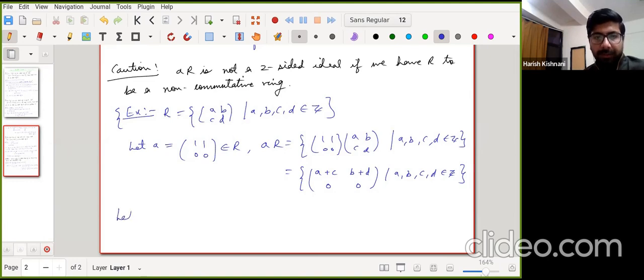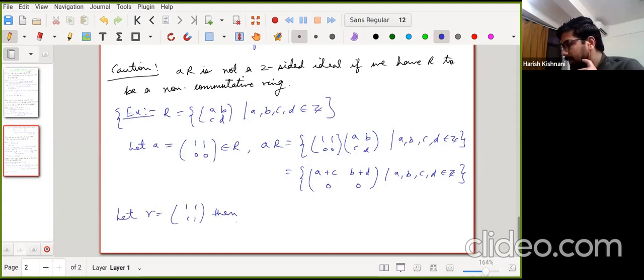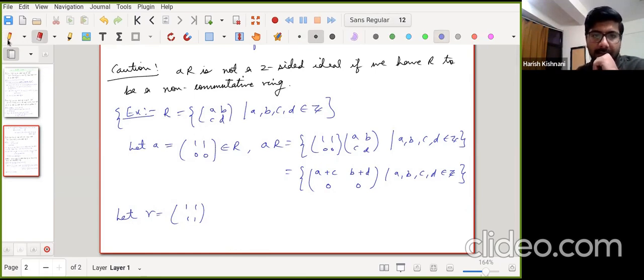So if you pick an element R, the matrix with 1 at each coordinate, then consider R times X. This R is an element from the ring.